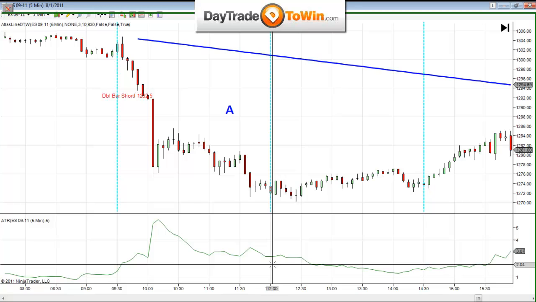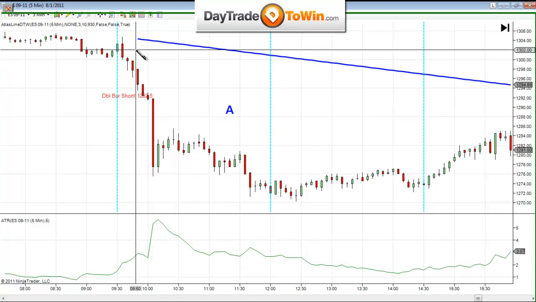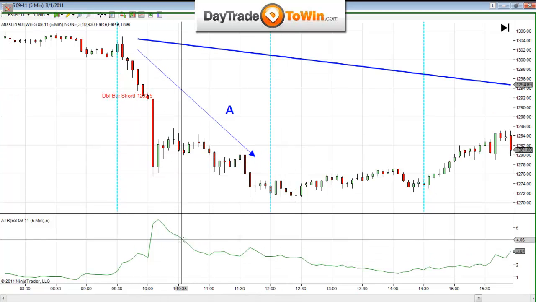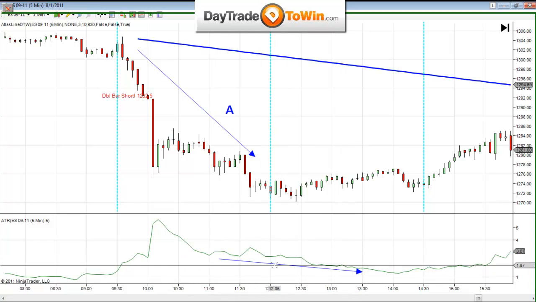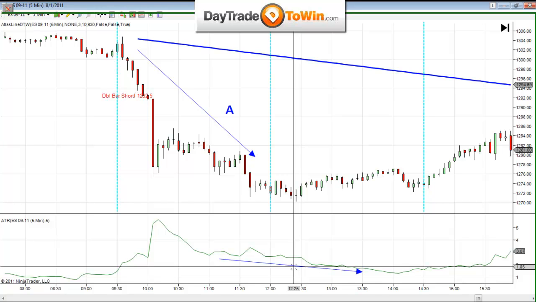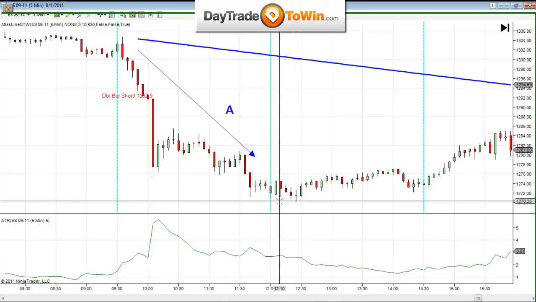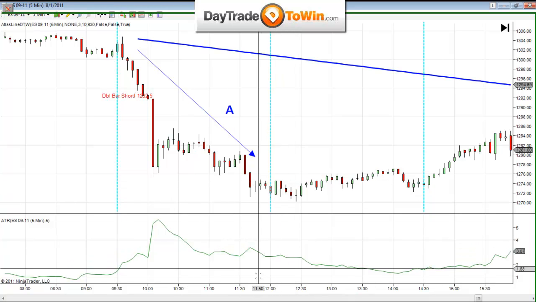A part of the day is always going to give us some action. The ATR starts to get smaller and smaller as B occurs. I'm not looking at this as far as an angle or anything. It just means that the market's starting to consolidate. The range of these bars is getting smaller compared to the A part.